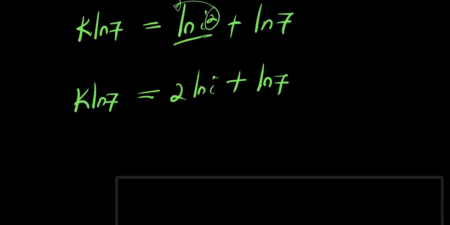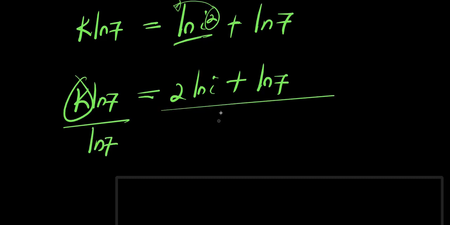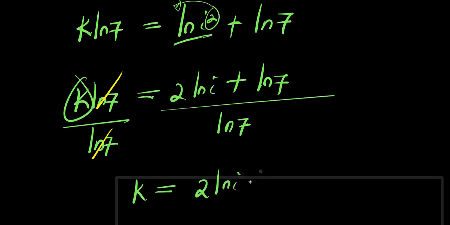So right now, we can isolate k by dividing this by natural log 7, and we divide this by natural log 7. So this eliminates this. We have k equals 2 times natural log i plus natural log 7, divided by natural log 7.